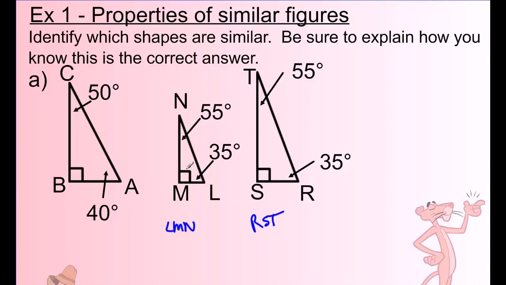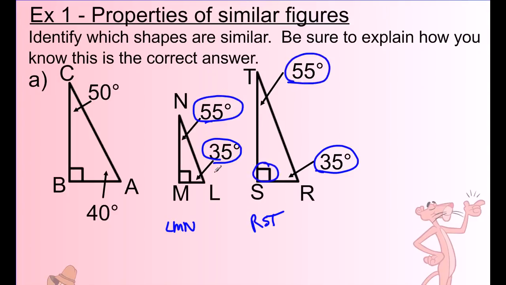Because just with the information shown, I mean, we have angles. Well, this angle is the same as this angle. This angle is the same as its corresponding angle. The 90-degree angles are the same. So these 2 triangles have the exact same angle measures. They are similar.